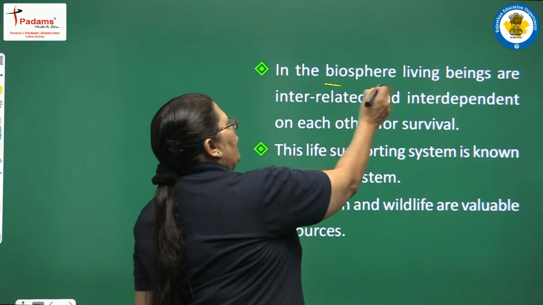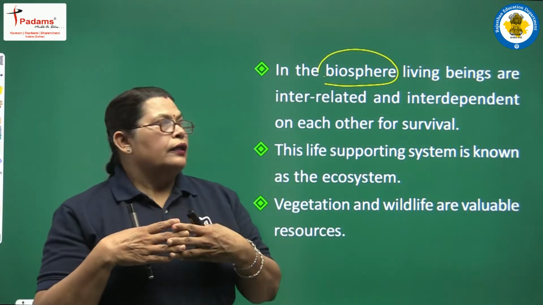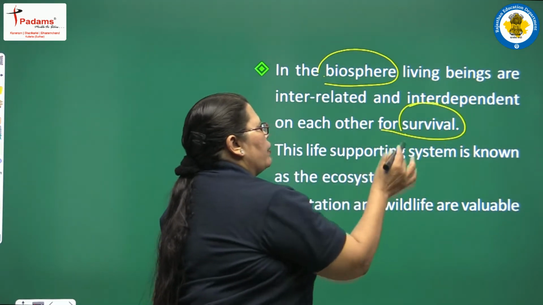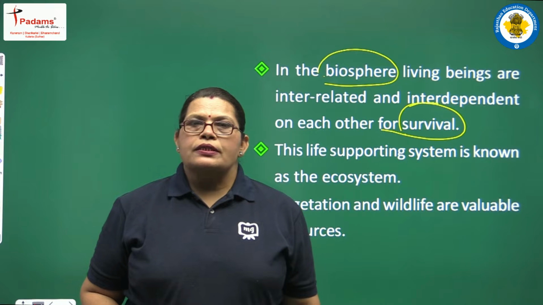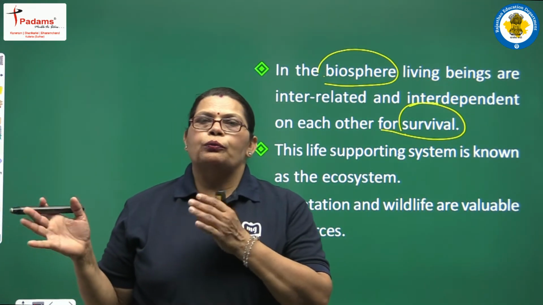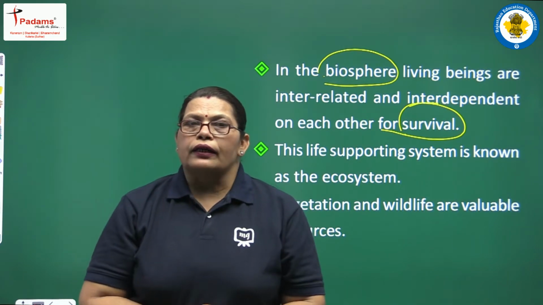See, in the biosphere living beings are interrelated and interdependent on each other for survival. Do you know what birds and animals are eating? It's okay, they are eating meat or flesh also, but other than these, what are they eating?